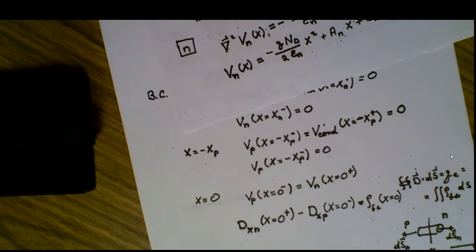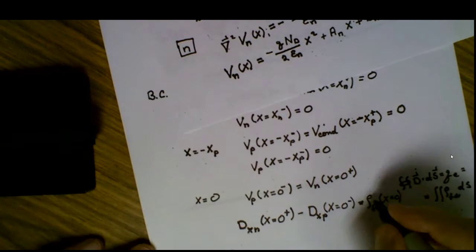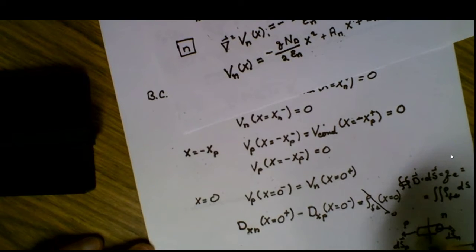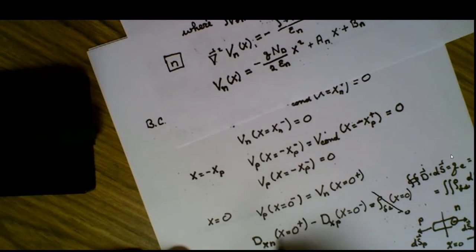And hence, we will force the free surface charge to be equal to 0 and solve for the fields across the boundary. Hence, with that type of argument, this is equal to 0, and we have the electric flux density in the N material being equal to that for the P material.